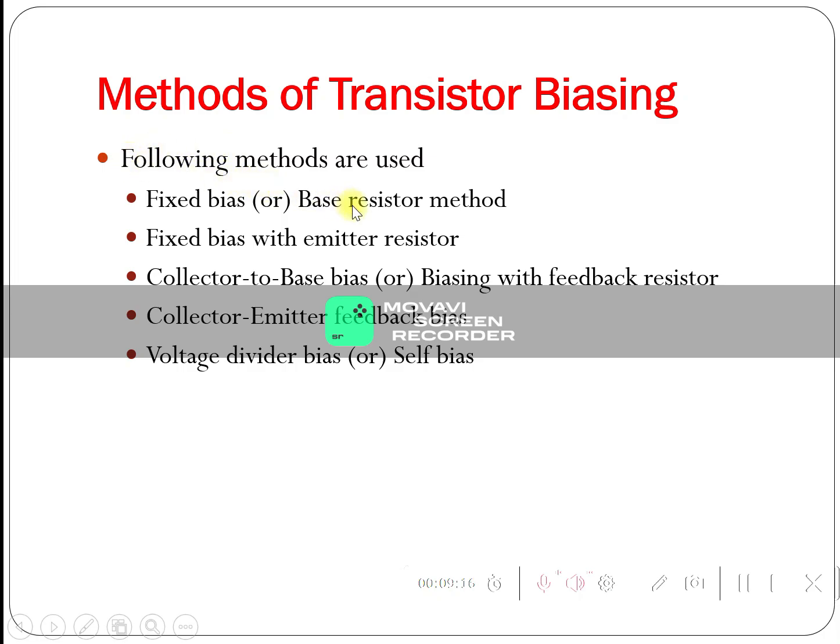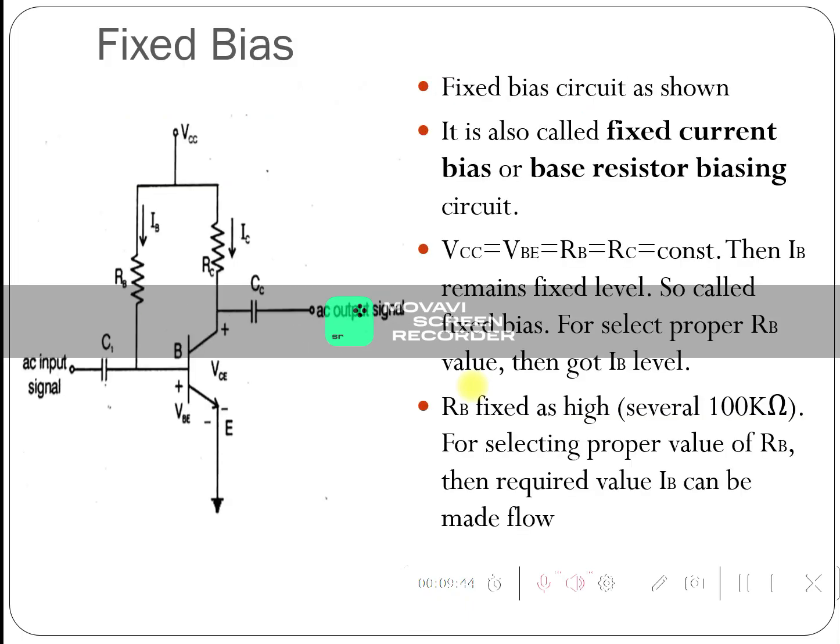The following methods are used: fixed bias or base resistor method, fixed bias with emitter resistor, collector to base bias or biasing with feedback resistor, collector to emitter feedback bias, voltage divider bias or self bias. So these are all the transistor biasing circuits.